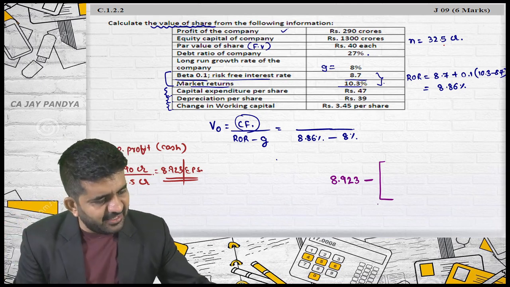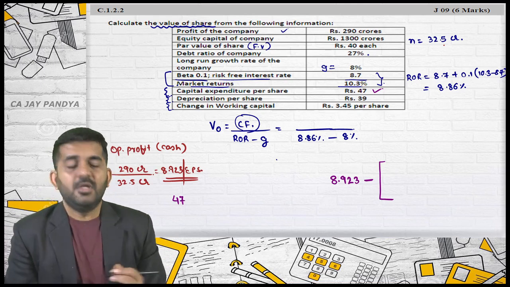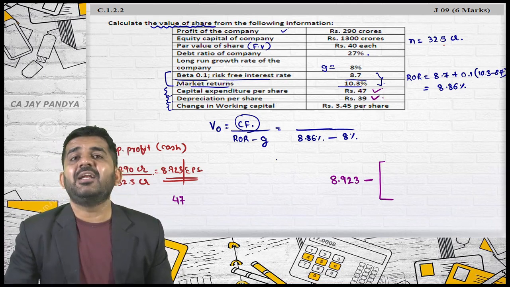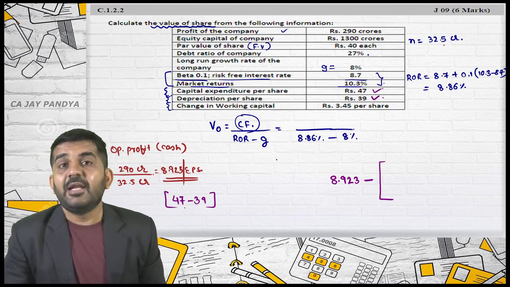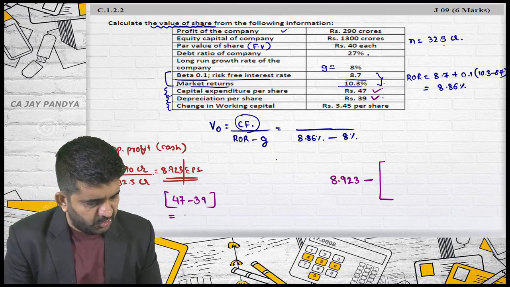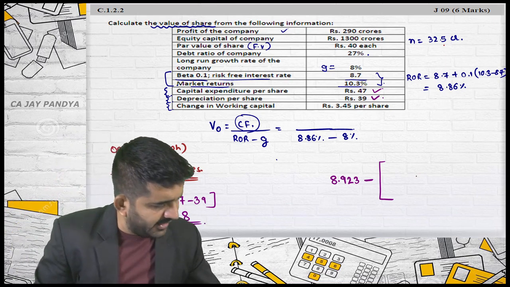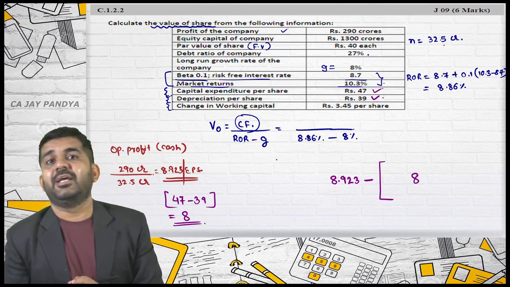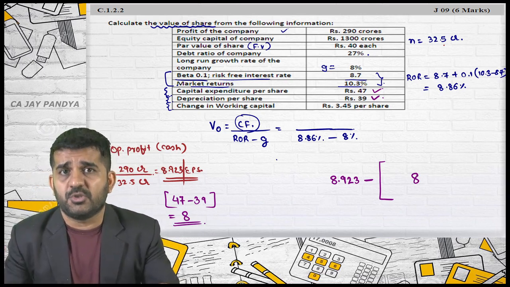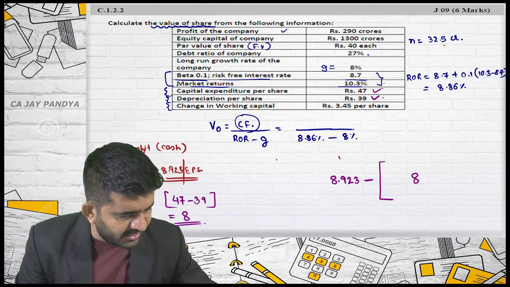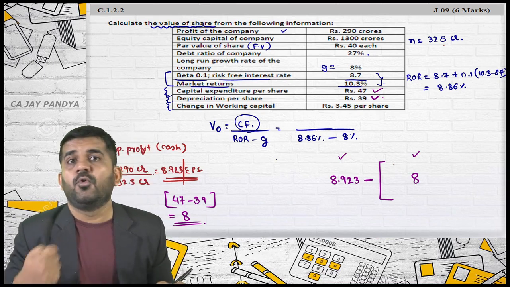Capital expenditure per share is 47, but out of which 39 is depreciation. Depreciation is non-cash. So this will be 8. From somewhere you'll have to take out your 8 rupees. This will be cash outflow for owners.